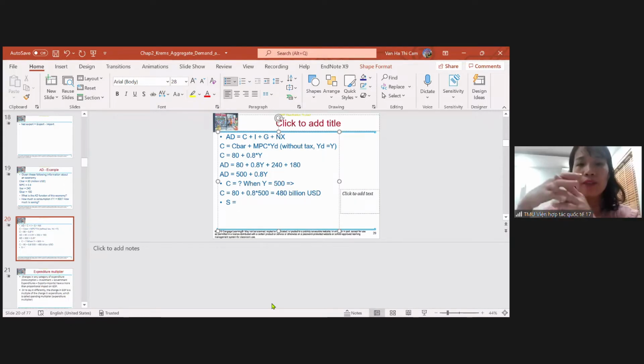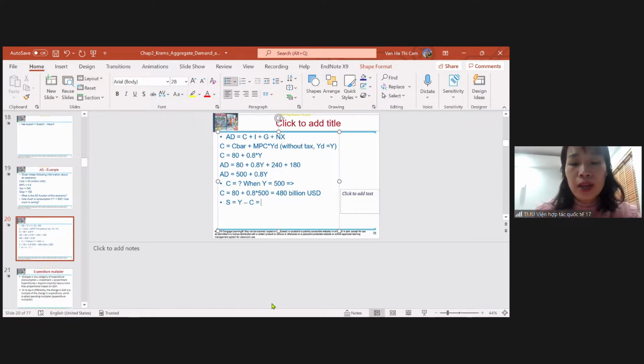So if you have a total income of, let's say, 100, and you spend 80, how much do you have left to save? 20, right? So saving equals income minus consumption, right?